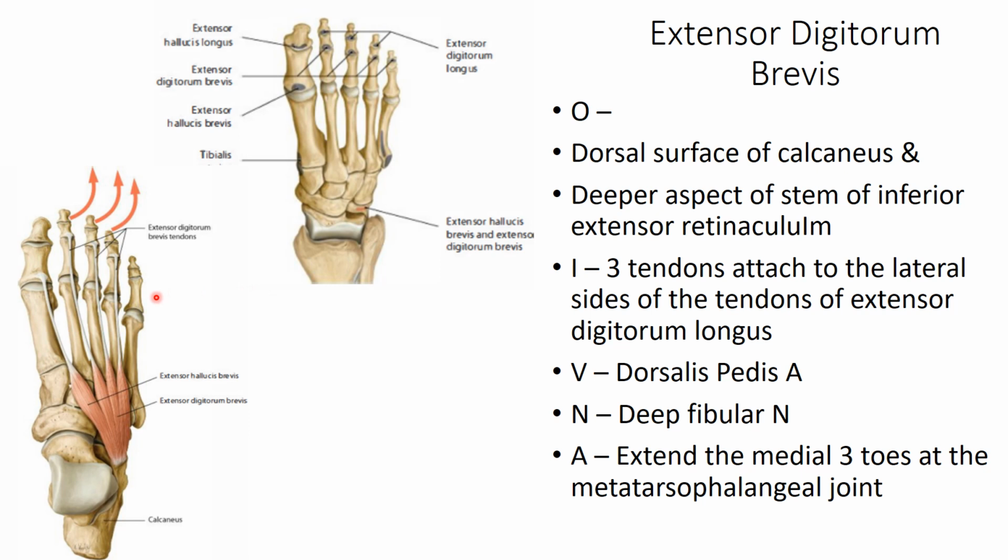Now this extensor digitorum brevis, this is these lateral slips, three lateral slips. So it again originates as this common portion from the dorsal surface of the calcaneus and deeper aspect of the stem of inferior extensor retinaculum, and from here these three slips diverge as tendons, and these three tendons are attached to the lateral side of the tendon of extensor digitorum longus, and their vascularity is again dorsalis pedis artery.